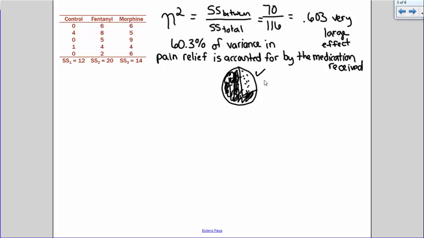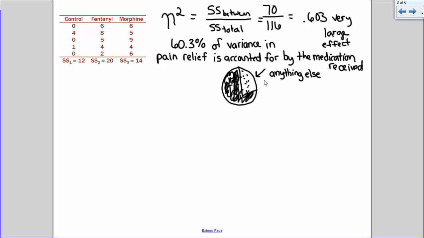The rest of this is really due to anything else. So maybe their age, maybe the type of pain that they're experiencing, maybe how in shape they are, how fit they are, how well they take care of themselves, anything else that's going to result in differences in pain relief.